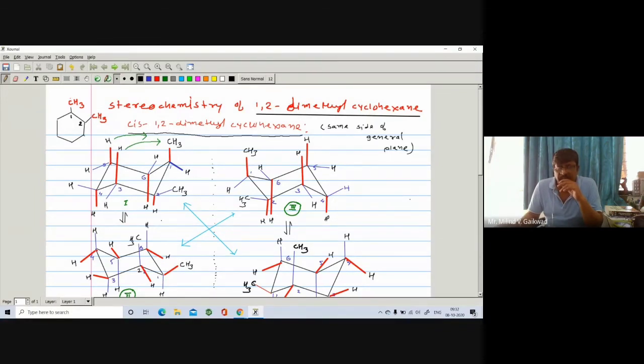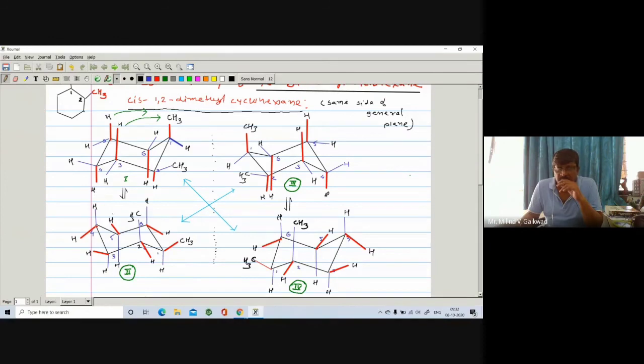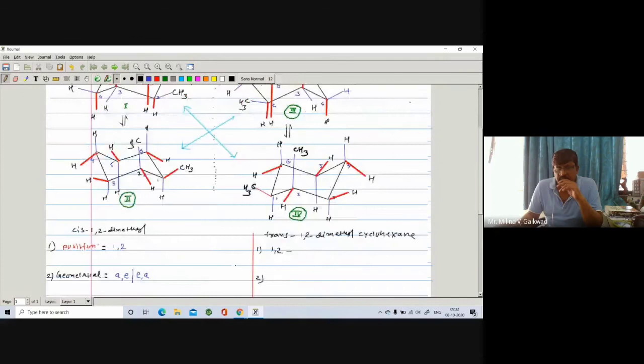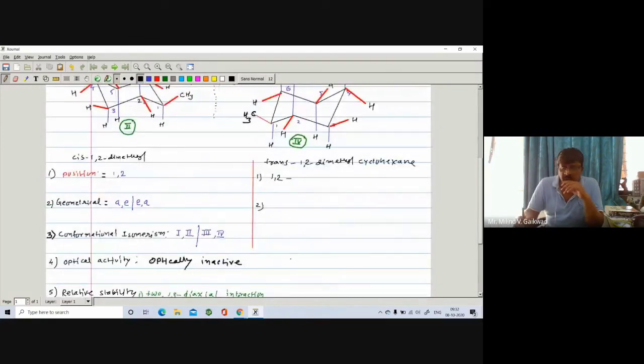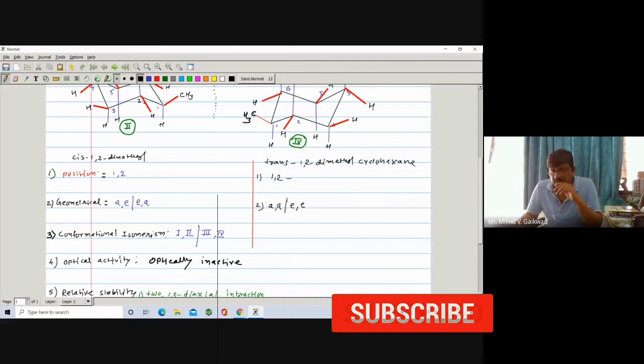If it undergoes ring flipping, it becomes equatorial, right? Equatorial. So here we have to replace the methyl group in the carbon number 2 by the axial. So here the geometrical isomerism is possible only if the groups are axial, axial or equatorial, equatorial. Right? So in this you have to see the remaining points.